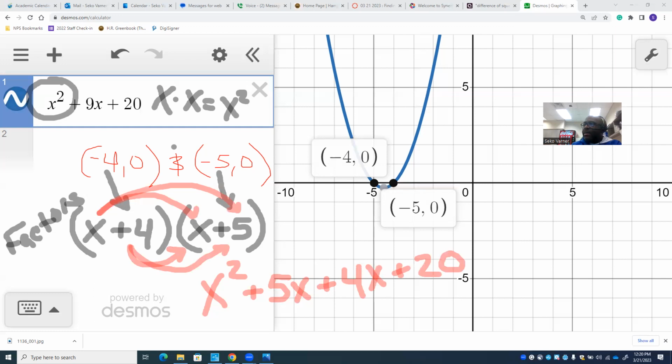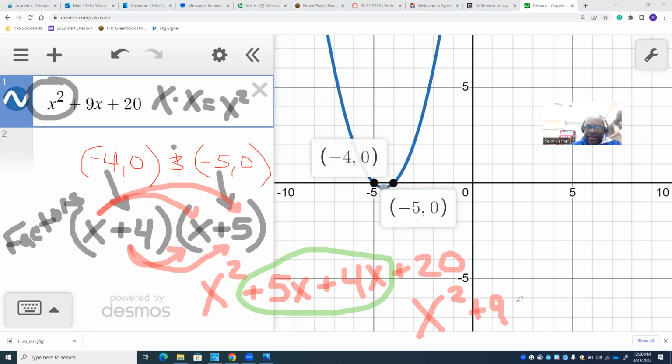Now, if I can combine some of these, I can combine positive 5x and positive 4x. And what's that going to give me? My final answer is going to be x squared plus 9x plus 20.